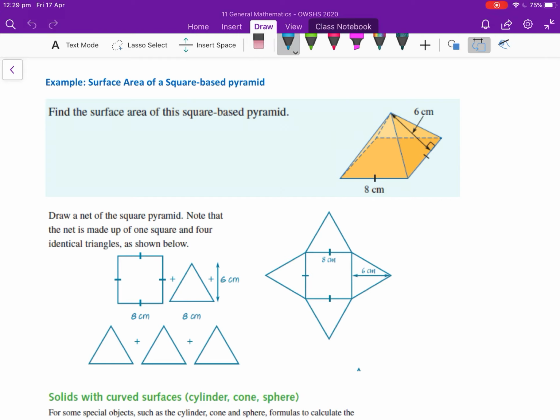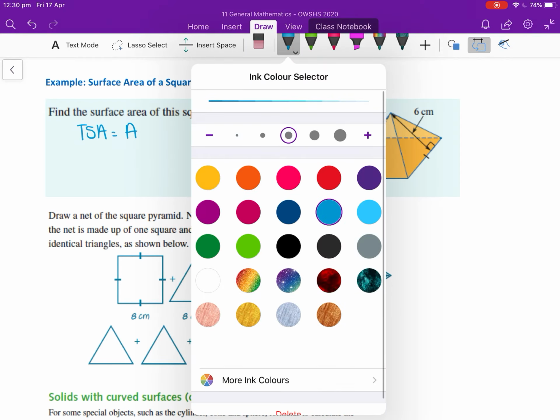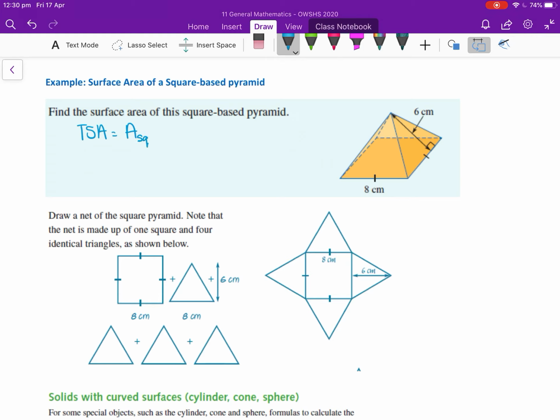When we do our working, we can say that the total surface area, TSA, equals the area of a square plus the area of a triangle times 4.